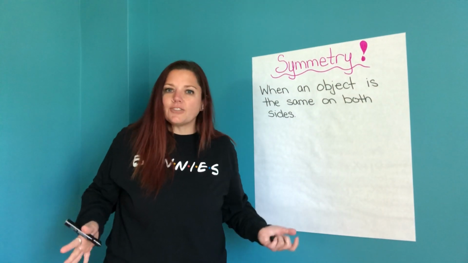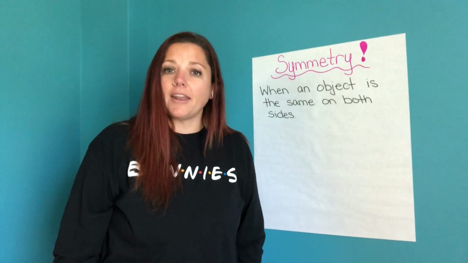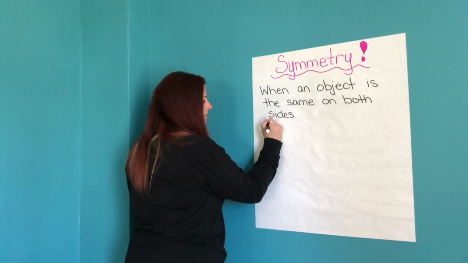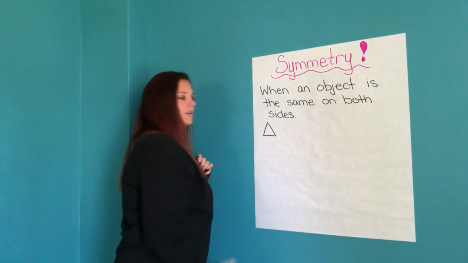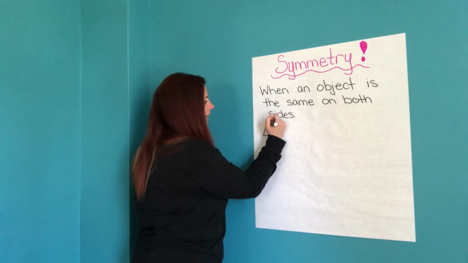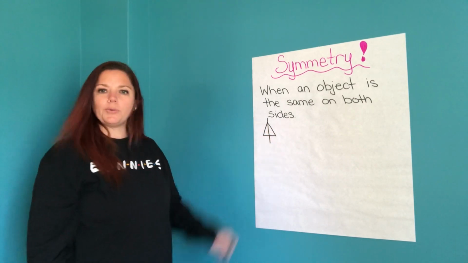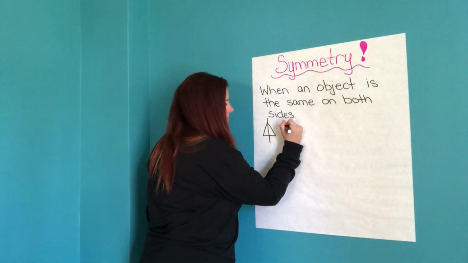So, geometry. Geometry is all about shapes. Did you know that there are many shapes out there that have symmetry to them? Look at this shape. What shape is that? A triangle. Now if I cut the triangle right down the middle, is it the same on both sides? It is. What about this shape?